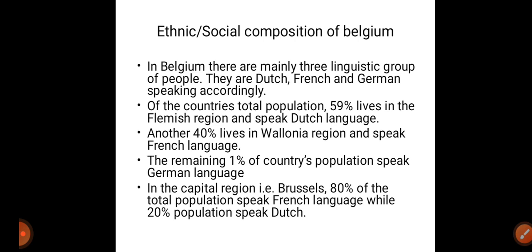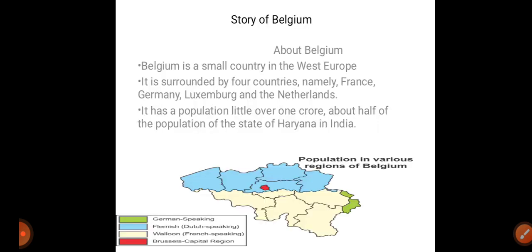Of the country's total population, 59% lives in the Flemish region and speaks the Dutch language. Students, I already showed you the Flemish region in Belgium; this blue color is the Flemish region, and here the Dutch speaking people live, right?